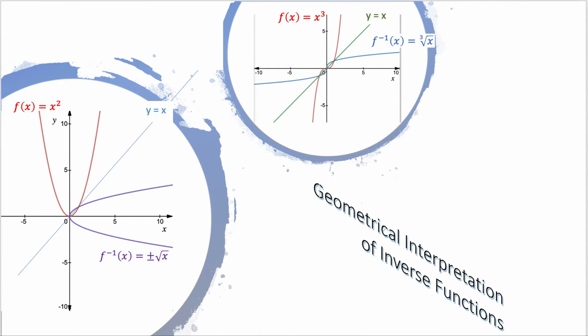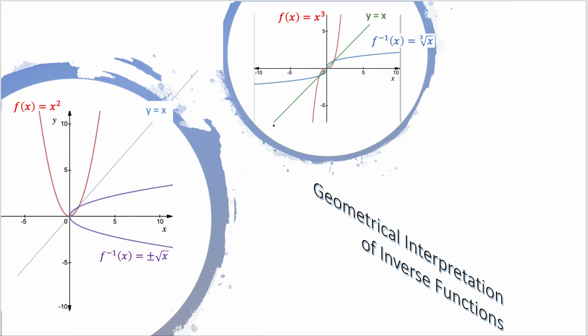Let's go here and see two functions. The cubic function, of the form x cubed, has an inverse function, and its inverse function is the cube root of x. The blue function here is the inverse, and with the red we write the function x cubed.